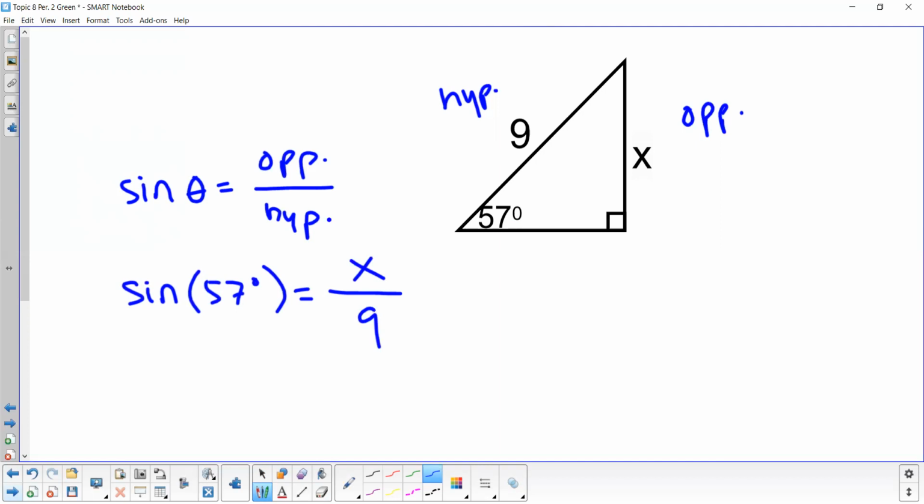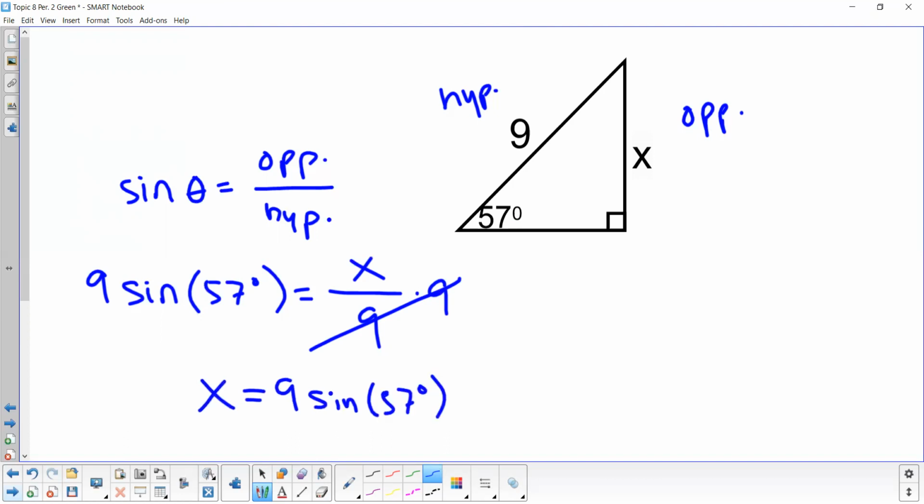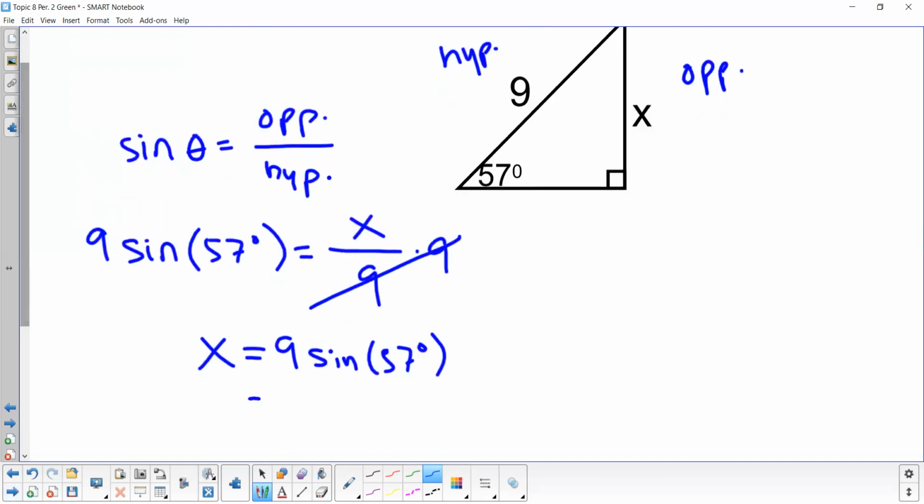And again, the comfort you should take in this is now it's an algebra problem. X is being divided, so we should just multiply both sides by 9. And we can put 9 sine of 57. I got 7.548.